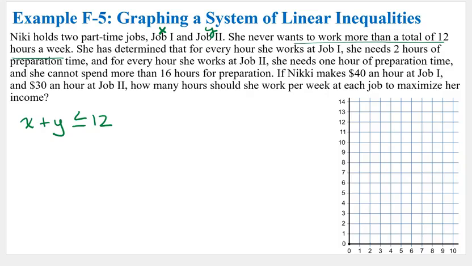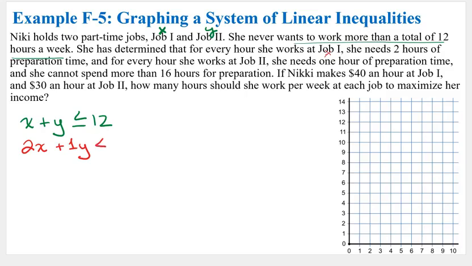All right, let's go to the next sentence. She has determined that for every hour she works at job 1, X, she needs 2 hours of prep time. And then for every hour she works at job 2, she needs 1 hour of preparation time. So 2 hours times X, because she needs 2 hours for job X, plus 1 hour for Y. All right, and it says that she cannot spend more than 16 hours in preparation.